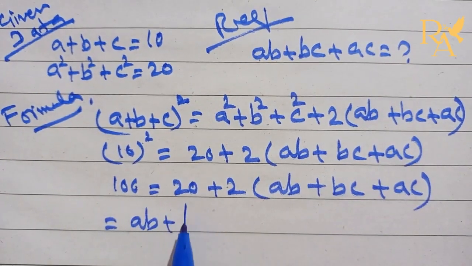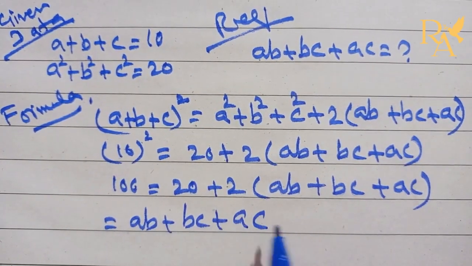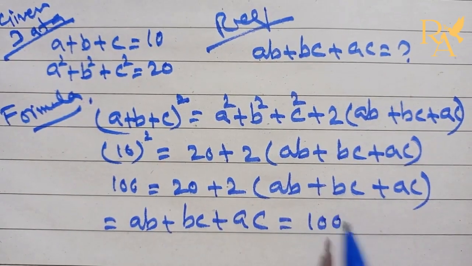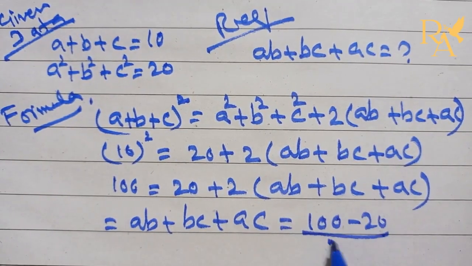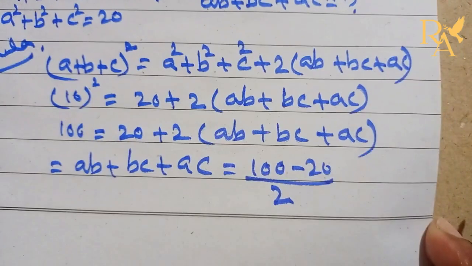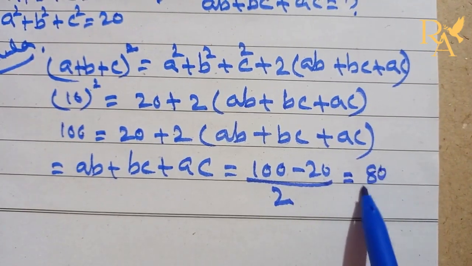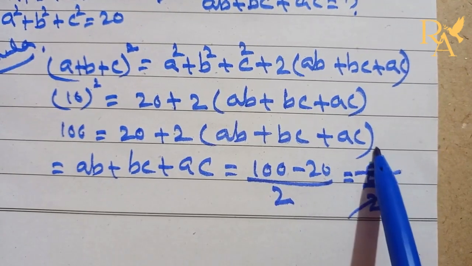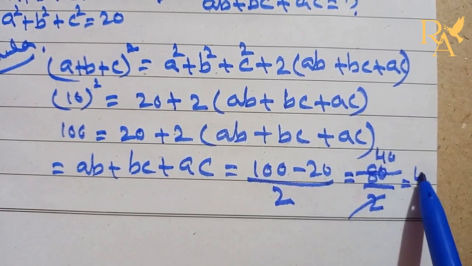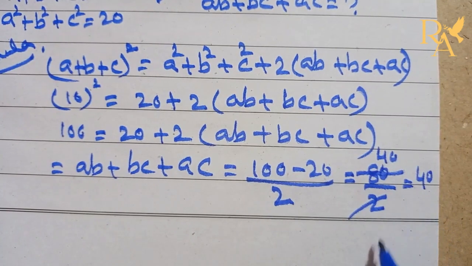AB plus BC plus AC is equal to 100 minus 20 divided by 2. 100 minus 20 is equal to 80, divided by 2 is 40. This is the answer.